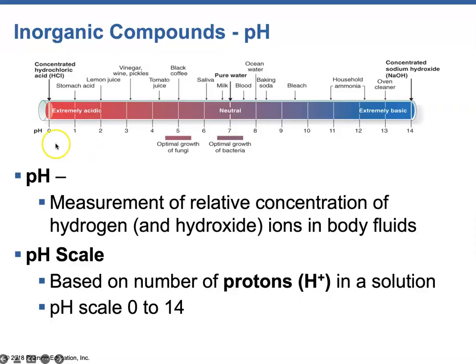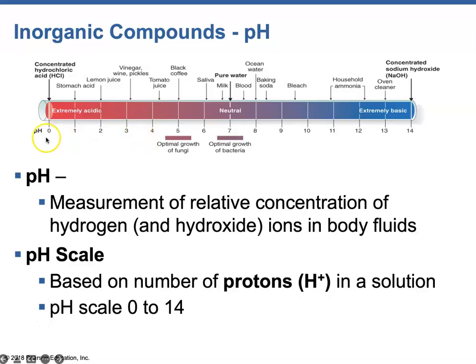So, hydrogen ion concentration is high, the pH number is going to be low, so small. If the chemical has a very high pH, that means that the hydrogen ion concentration is very low, right? Low pH, acidic. High pH is going to be basic.